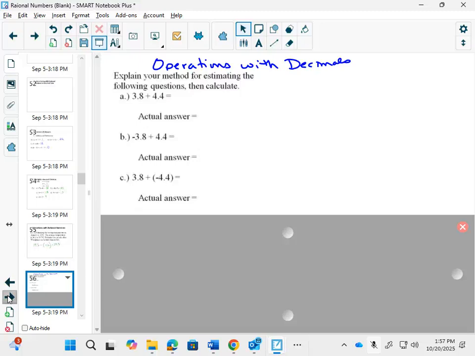Okay? So instead of 3.8, I might do 4. Instead of 4.4, I might do 4.5, I might do 4 again. And I'm going to make an estimate. If I rounded down 4 plus 4, I'm going to estimate and get 8. Then I'm going to go to my calculator and I'm going to see how close that was.